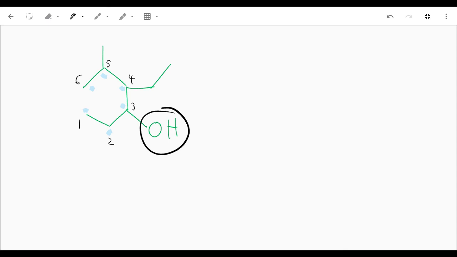So then that gives me the start of my name. I know that the start of it is hex. I also know that these are all single bonds, so that would put an "an" after it. The hydroxyl group is on carbon 3, so I can end it off with 3-ol.